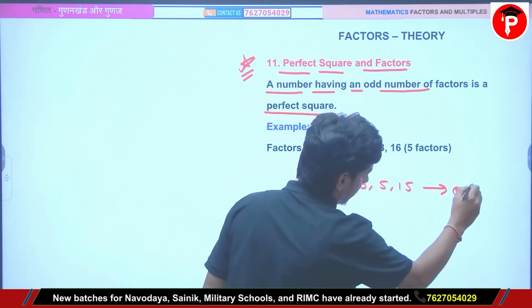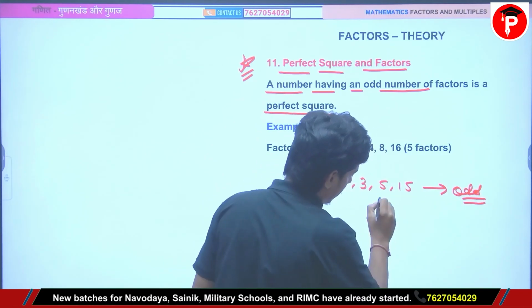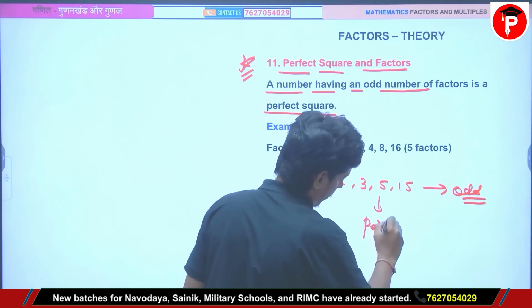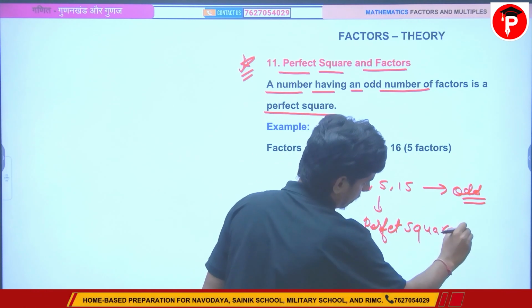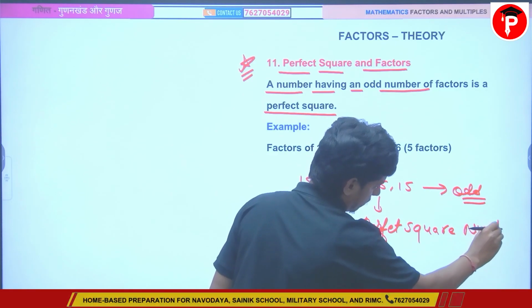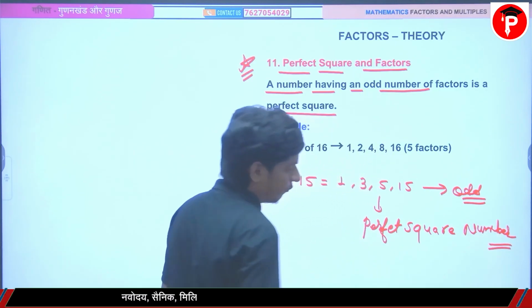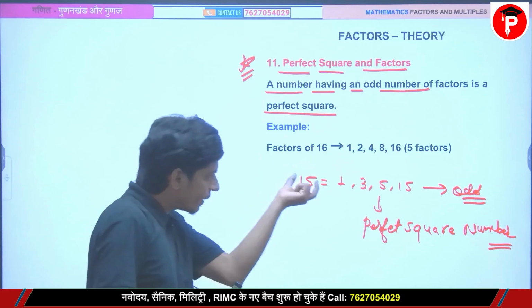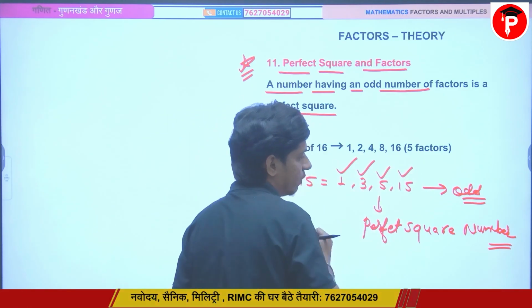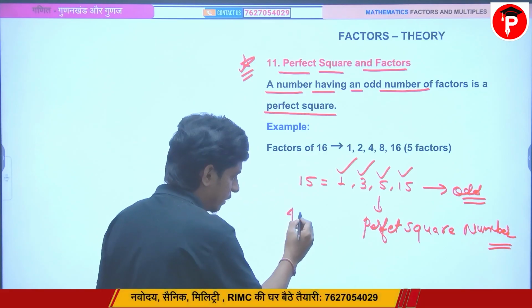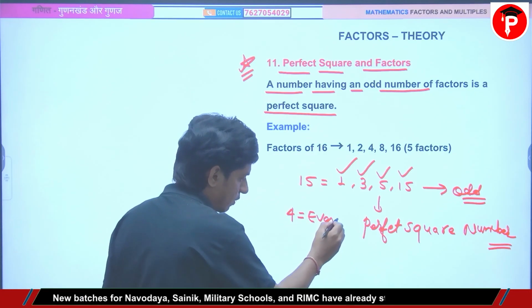A student will think these are odd, so this is a perfect square number. No, this is not. Reason? If you count, this is 1, this is 2, this is 3, this is 4. 4 is even, not odd.